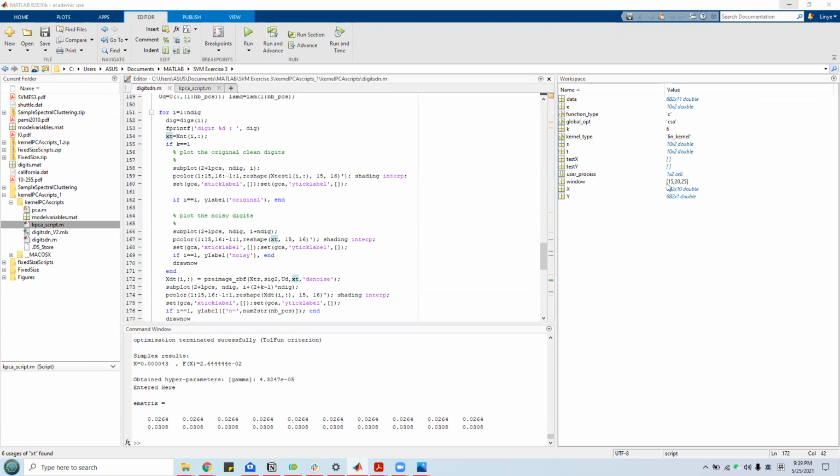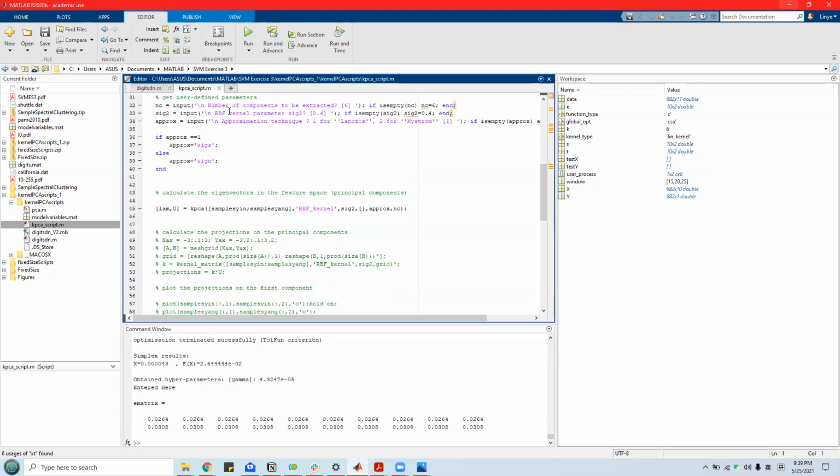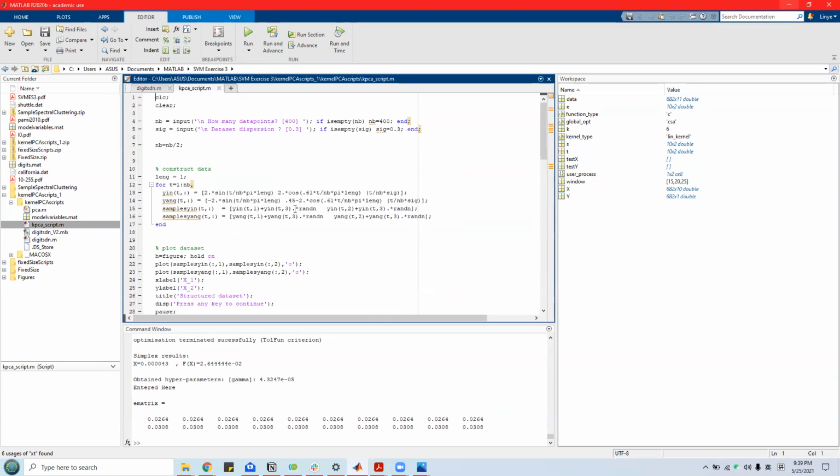Yeah, I don't know either. I just want to confirm whether, in theory, we should use noisy or noise-free data to train the model. Let me check. So this is the first one, right? Indeed, you get a number of data points, and then you have the sigma 2.